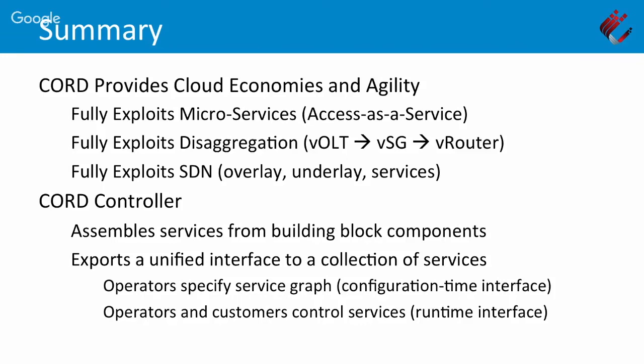That idea still has to be applied in other domains, but it has been demonstrated there. And it fully exploits SDN, both in terms of the plumbing of everything else and as a source of innovative services itself. The controller is the glue that holds it together. You assemble services from parts, and once you've done that, you have an interface that now is the interface to the pod as a whole, an interface to all of those services.